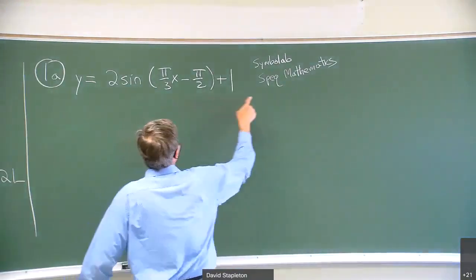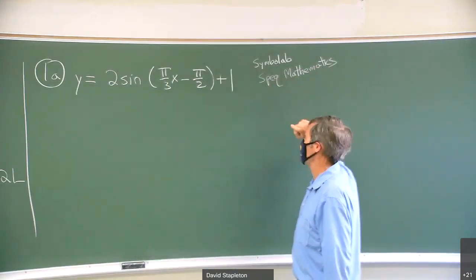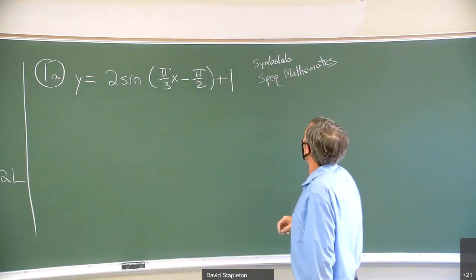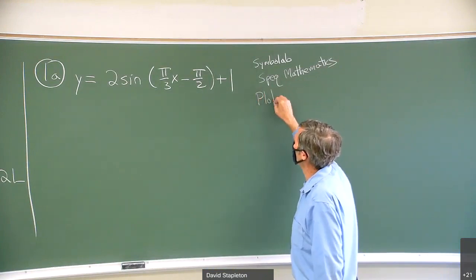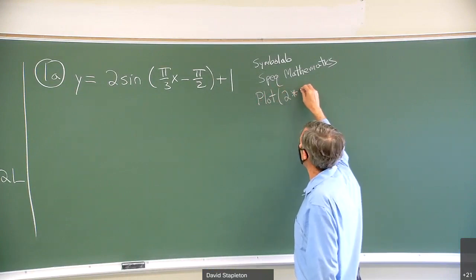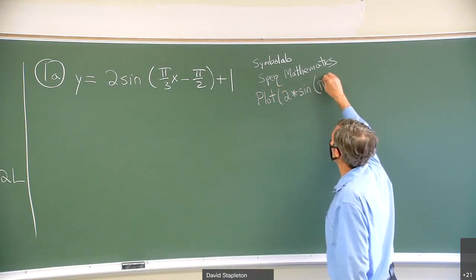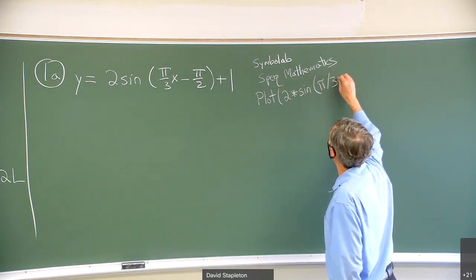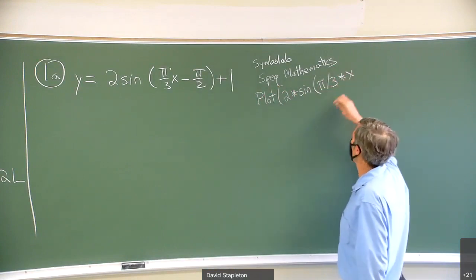All right. But if you download this, you can do these applications, these plotting things. For instance, to do this one, you could say plot 2 asterisk for times sine parenthesis pi slash for divided by 3 times x, and we'll do the divide before the multiply, so it works out.